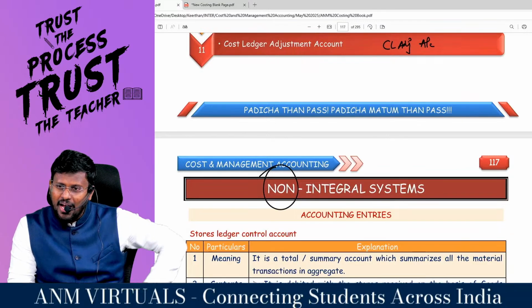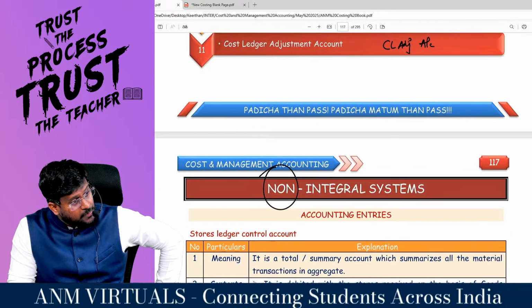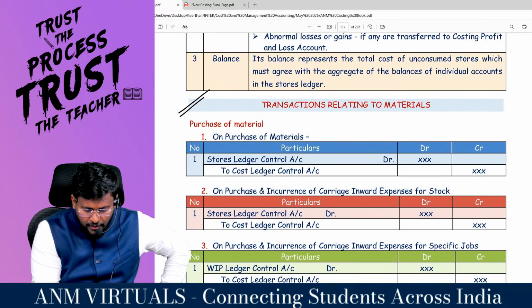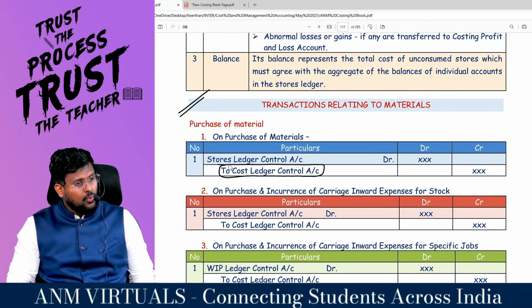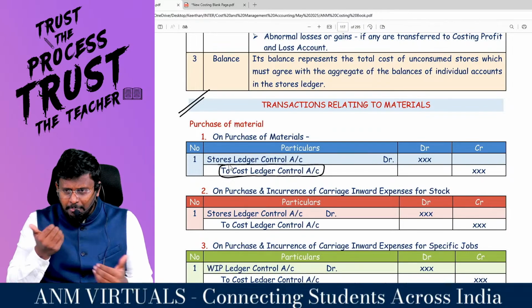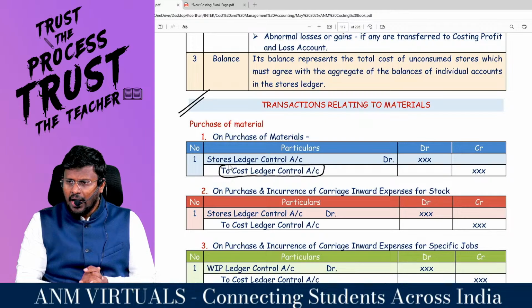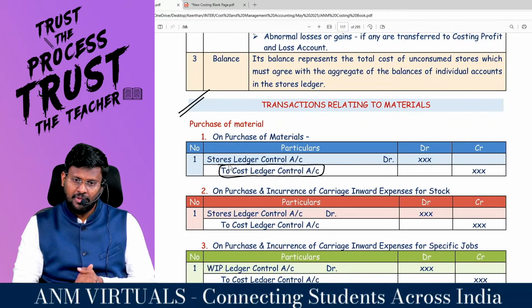But you have only the stores ledger control account, which is the costing aspect. You don't have the credit. For that, I will use the cost ledger control account. Wherever, in order to complete the double entry, I will use the cost ledger control account like a capital account.